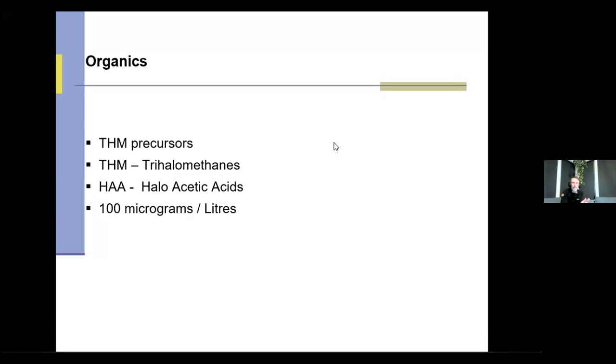Organics are another bad thing, and we talked a little bit about organics when we talked about disinfection. Again, what we don't want are these THMs, or trihalomethane precursors. Color and organics put into disinfection, and we learned about that last week.